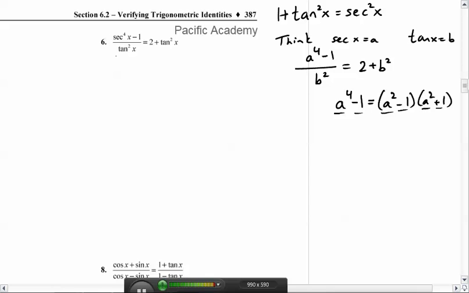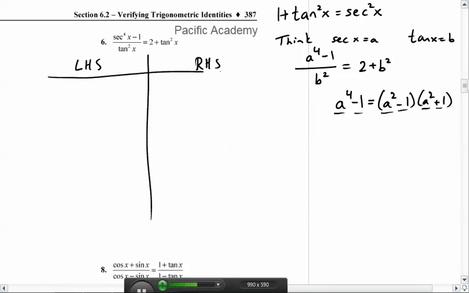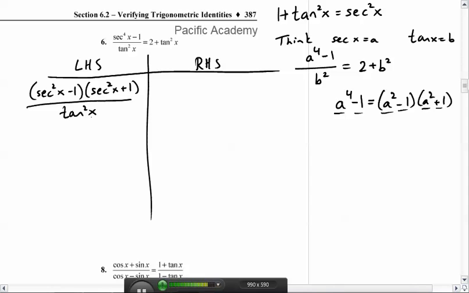So I'm going to do that on the left-hand side here. I'll factor secant squared to the power of 4 minus 1 as a difference of squares. So I'll write that as secant squared minus 1 and secant squared plus 1. So let's see, secant squared minus 1.